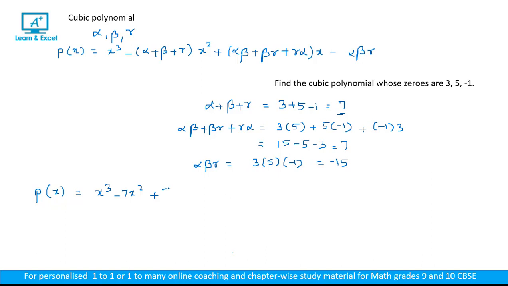So we'll have 7x minus alpha beta gamma is minus 15. So we'll have minus of minus 15. So we'll have x cube minus 7x square plus 7x plus 15 will be our p of x. Hence we have written the cubic polynomial when the zeros of the polynomial are given to us.